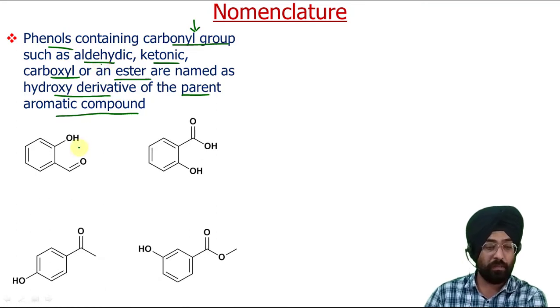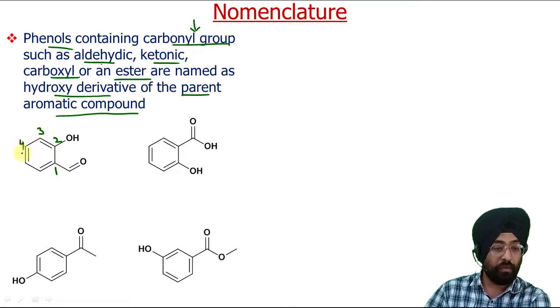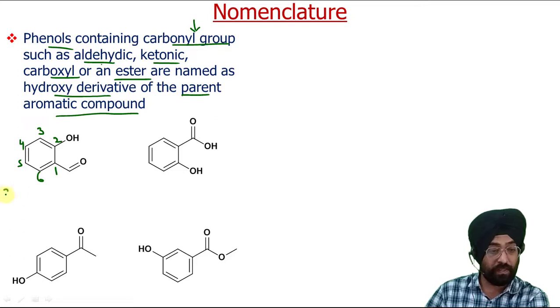So name of this compound, now this is a parent compound, it contains carbonyl group, it is aldehyde CHO. So numbering we will start from here: 1 2 3 4 5 6. So it is 2 hydroxy, it is its IUPAC name, 2 hydroxy. Now it is benzaldehyde.